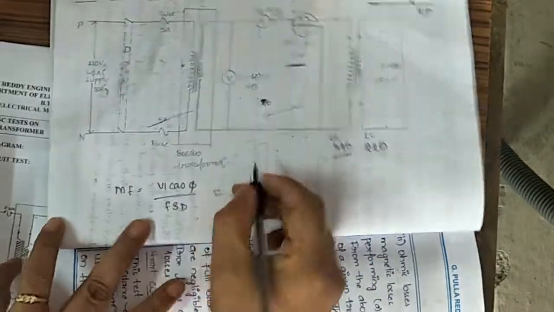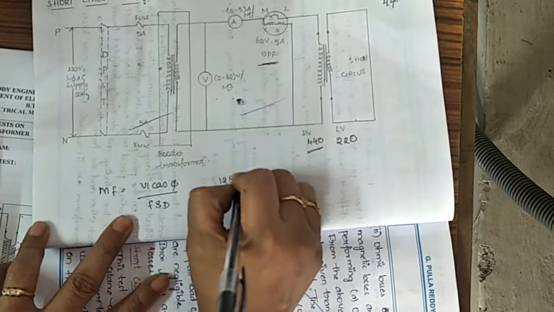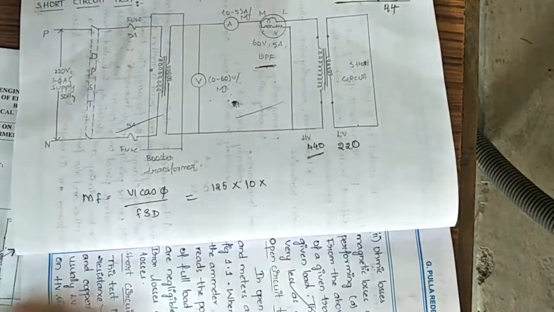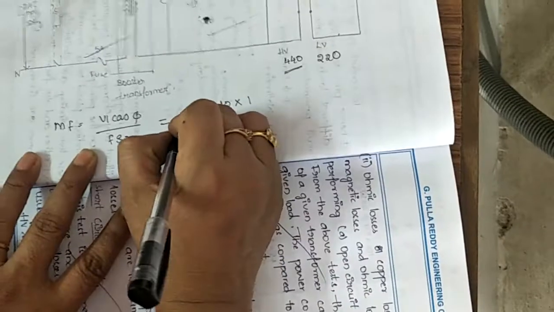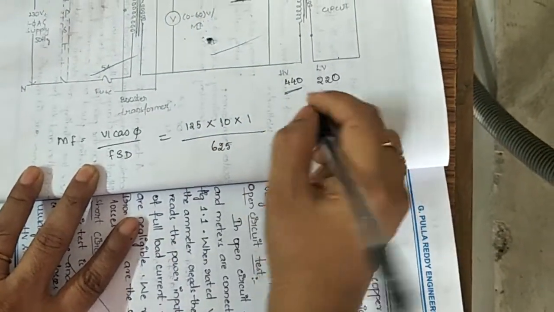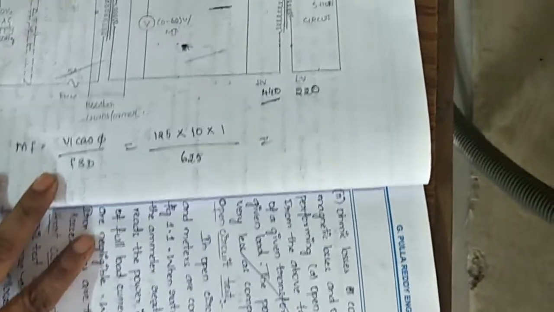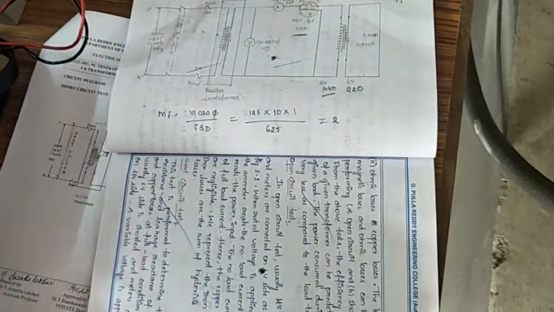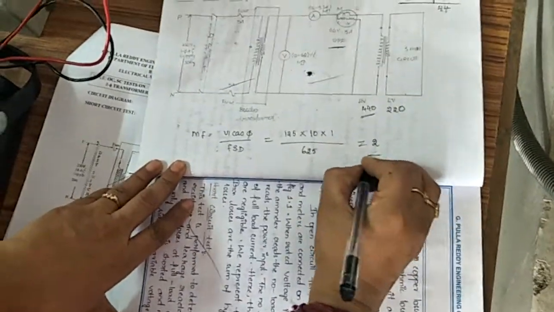The voltage applied here is 125, the current is 10 amps, the full scale deflection is 625, and as it is a unity power factor, cos phi is 1. So the multiplication factor obtained is 2.